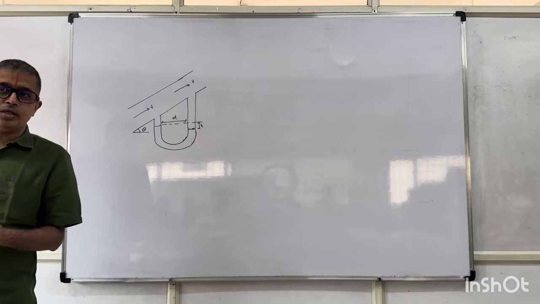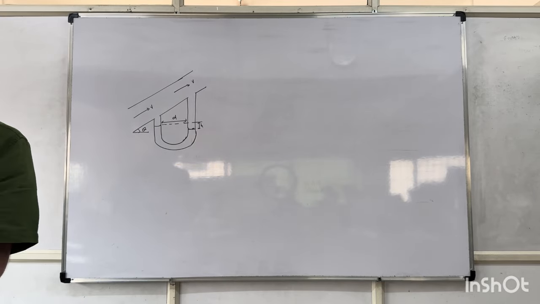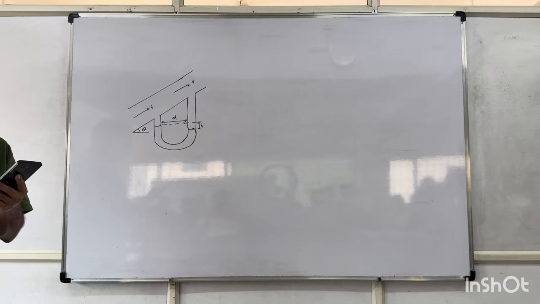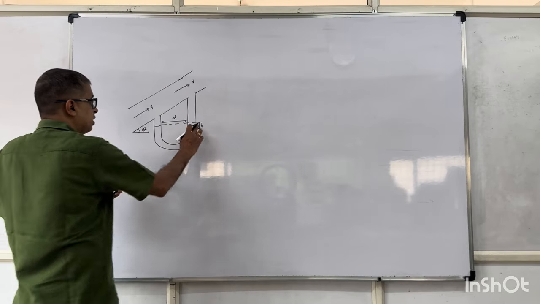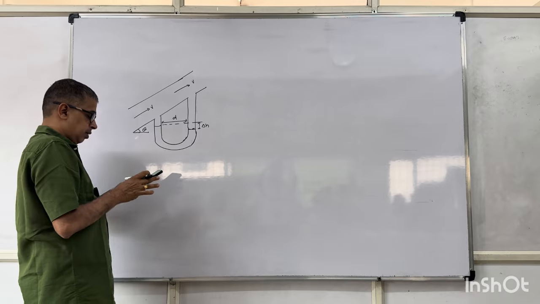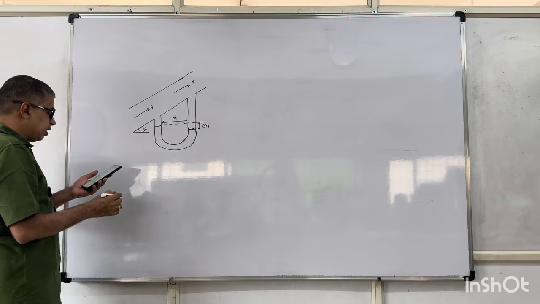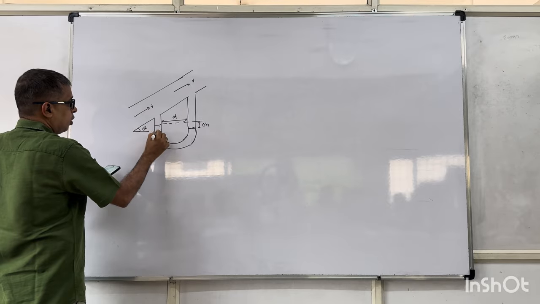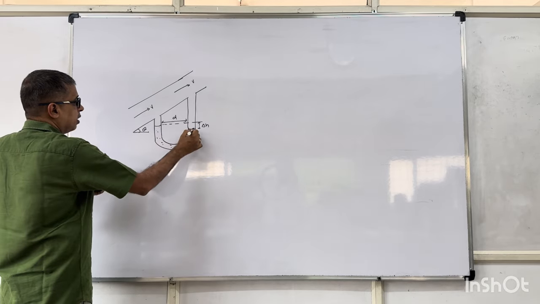Listen to the terminology. A mercury manometer is connected as shown in the figure. The difference in heights delta H is equal to dash. Here you have got density of mercury.